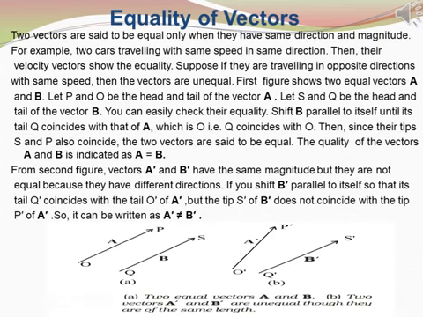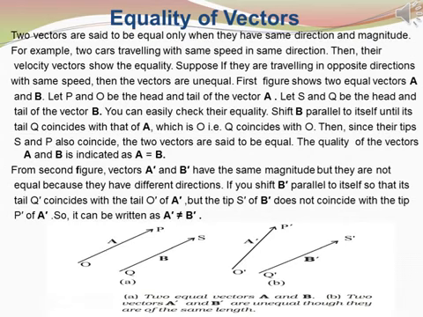From the second figure, vectors A dash and B dash have the same magnitude but they are not equal because they have different directions.